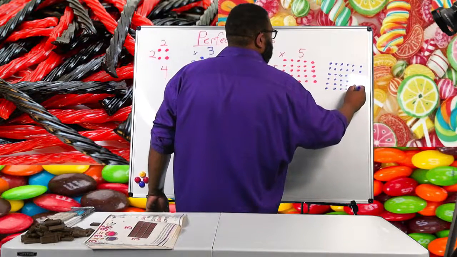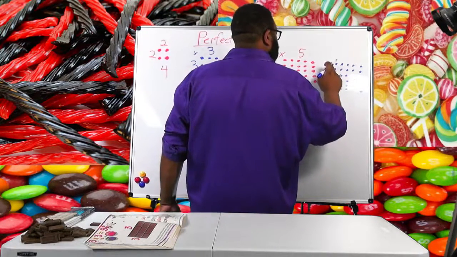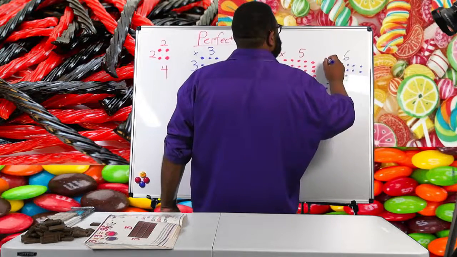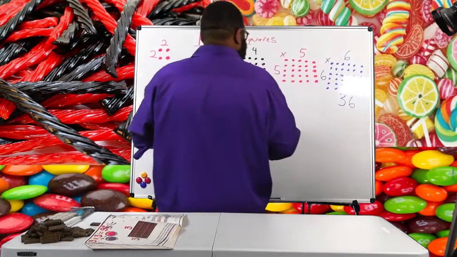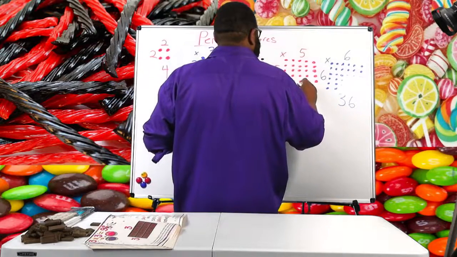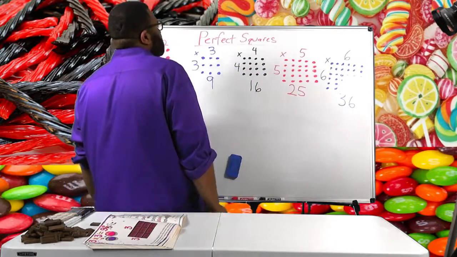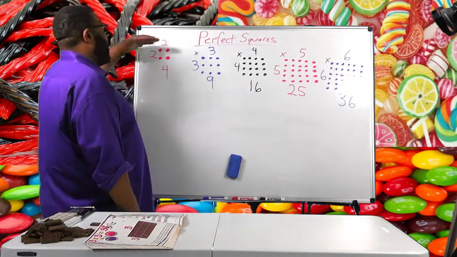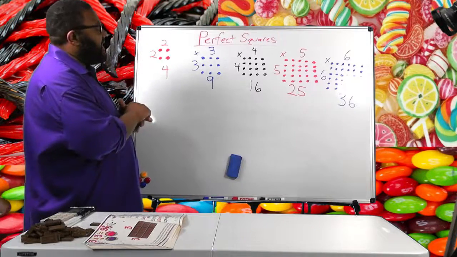What we're talking about right now, we're talking about perfect squares. 1, 2, 3, 4, 5, 6. 6 times 6 will give us 36. And 5 times 5 gives us 25. When we talk about perfect squares, that means the top and the side are both the same. These are area models, and what they do, they make a square. The top and the bottom work together to make a square.